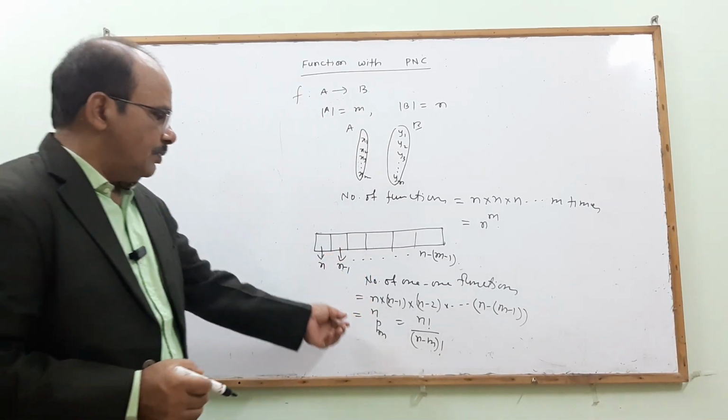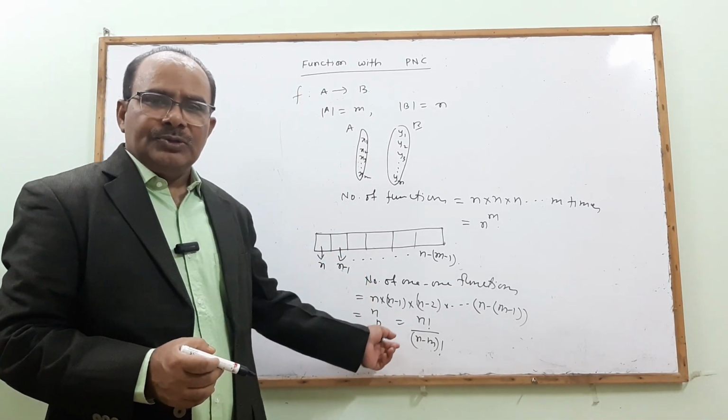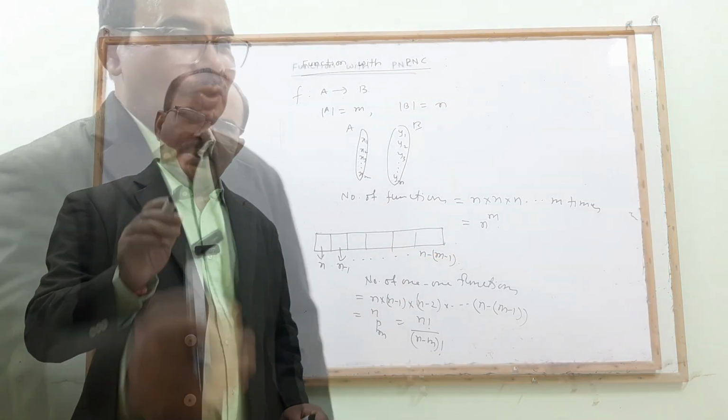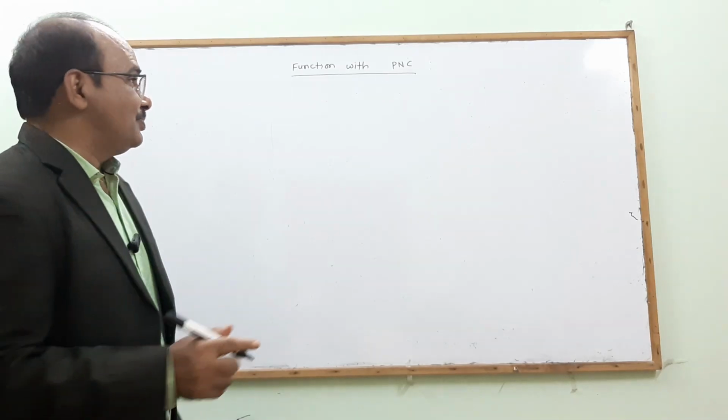This is the formula for the number of one-one functions from set A to set B. Let us see the next concept.